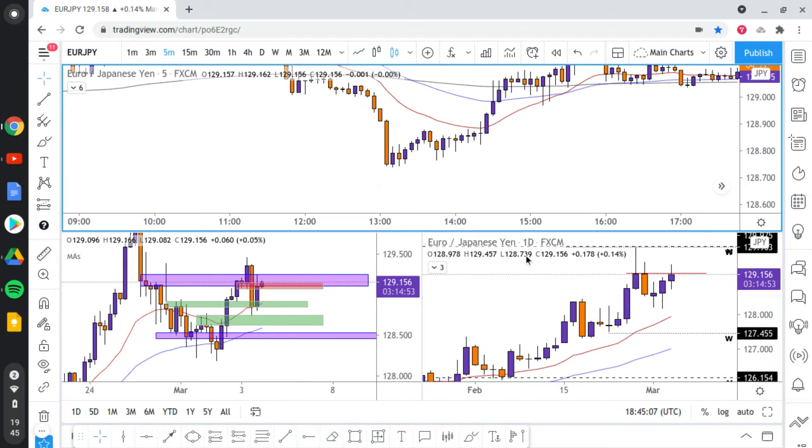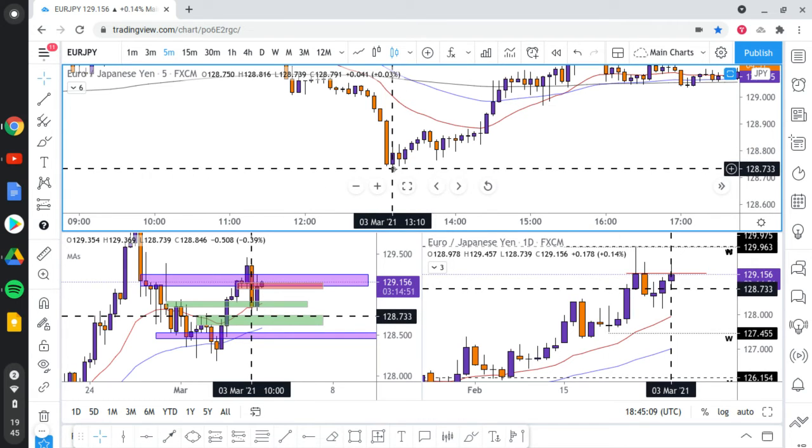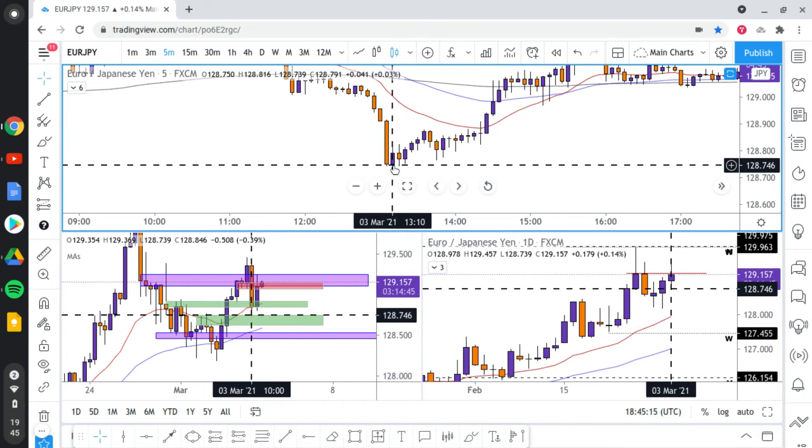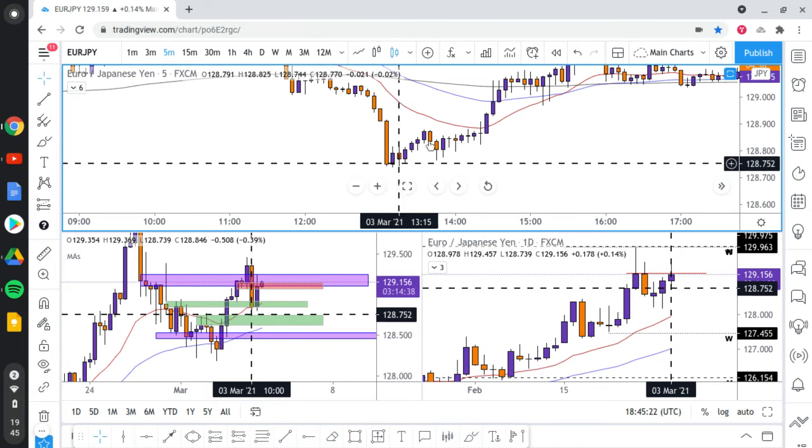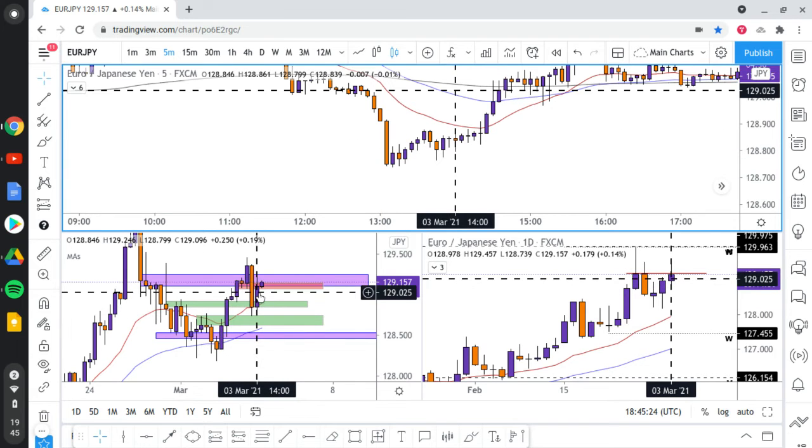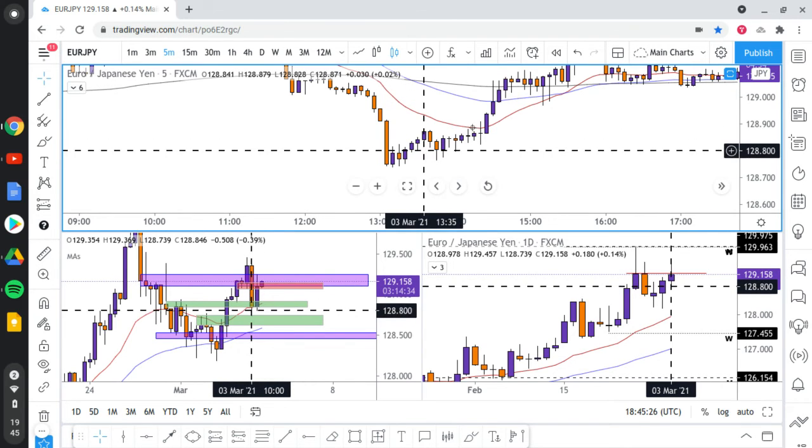I put my stop loss at 128.71. I gave it a couple of pips. I'm more than happy to just give it a couple of pips.